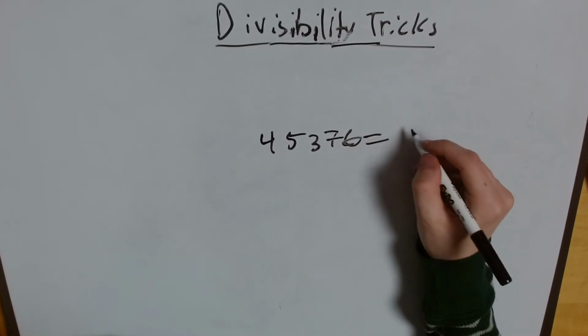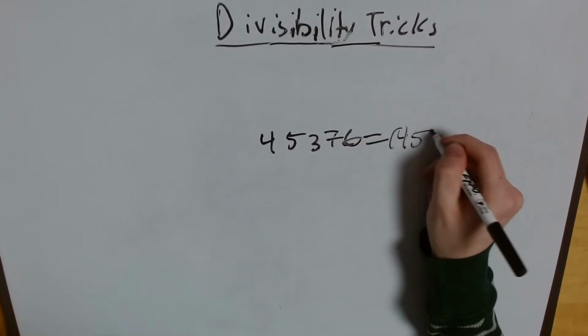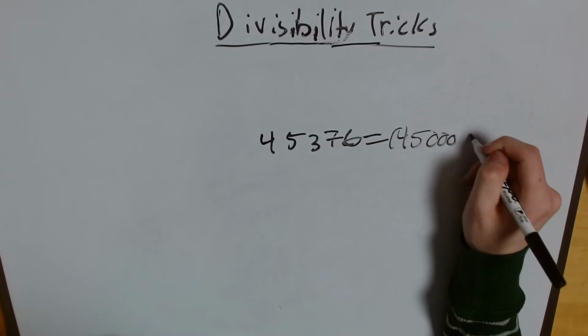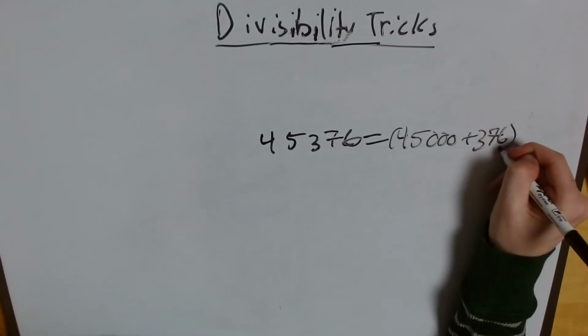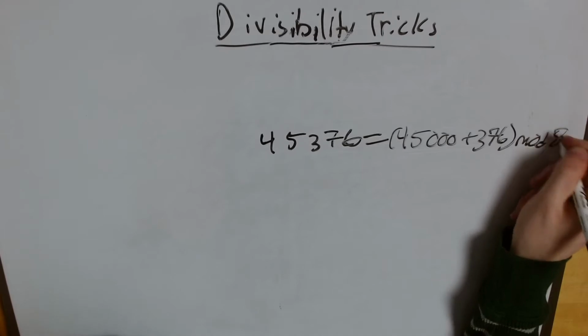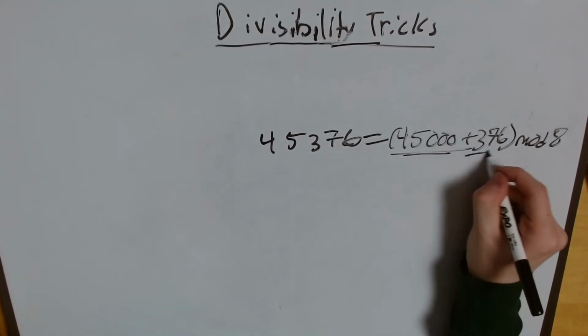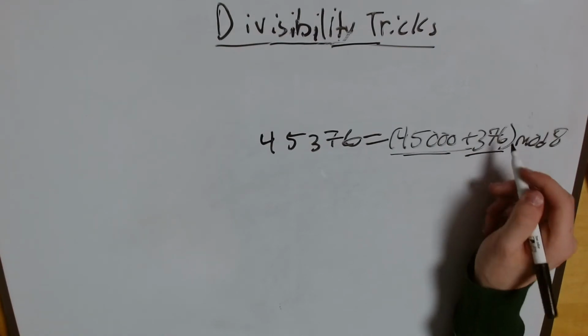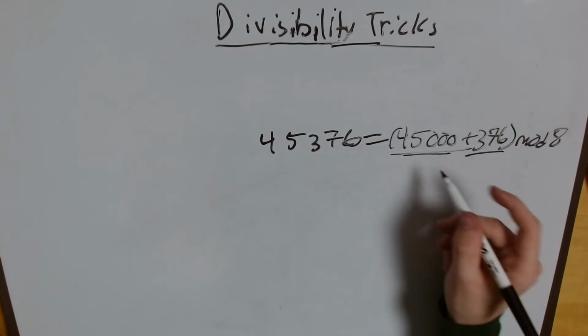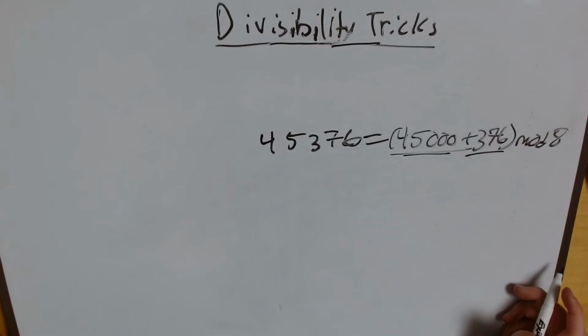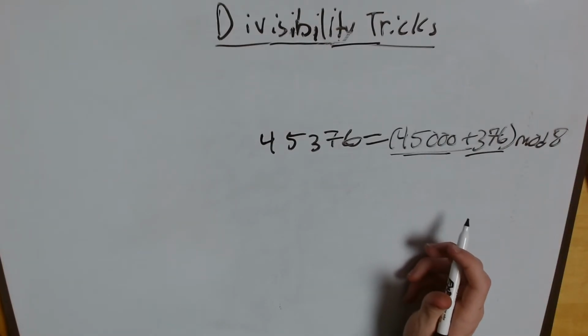And I can rewrite that as 45000 plus 376 mod 8. We know this is divisible by 8 because it's divisible by 1000. And the only question is, are the last 3 digits divisible by 8? Because if they are, this whole number is divisible by 8. So that's the pattern we use to determine if a number is divisible by 8.